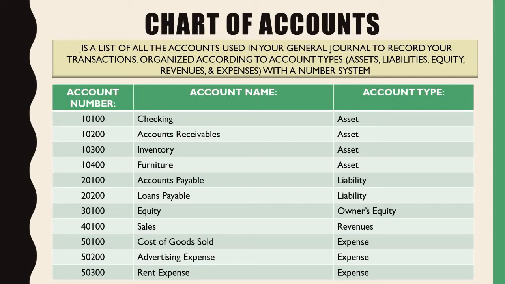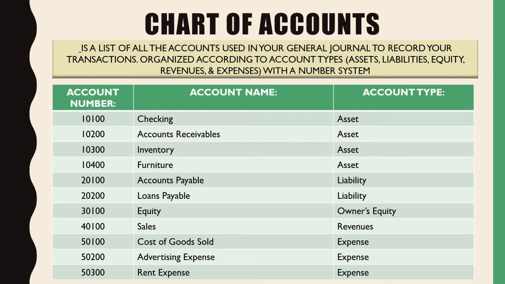So when I look at a transaction, I'm not only dealing with my inventory account because I'm buying inventory, I'm also spending money that I have. I have to pay for the inventory items, so here I'll be using my checking account as well.